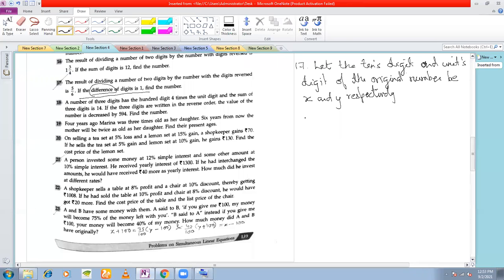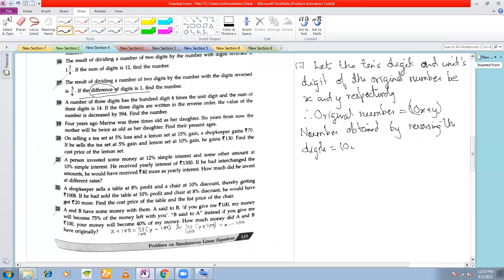Therefore, the original number is 10x plus y. And what is the number obtained by reversing the digits? This time x becomes the units digit, y becomes the tens digit. So the number here is 10y plus x.